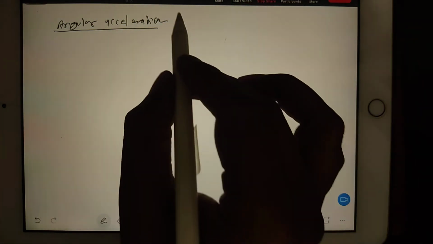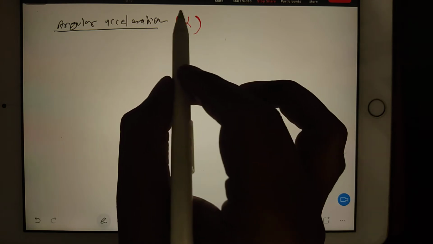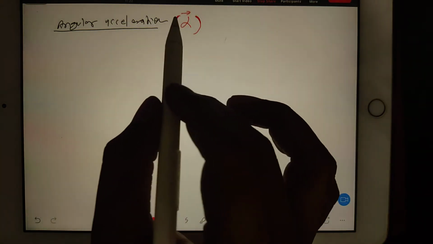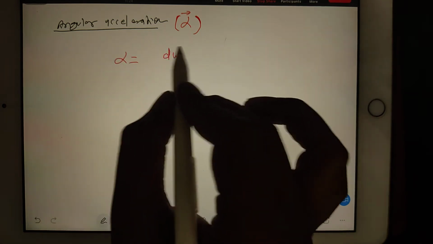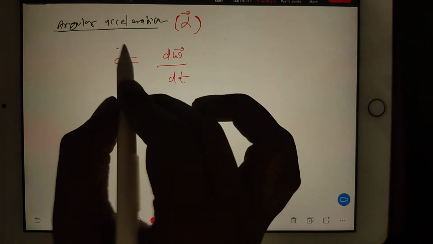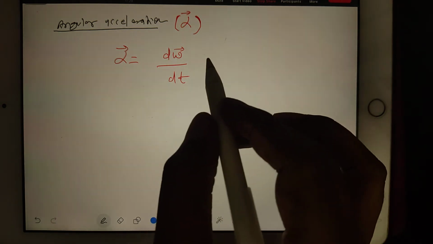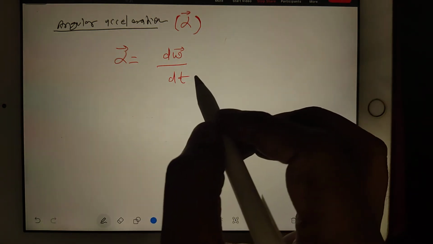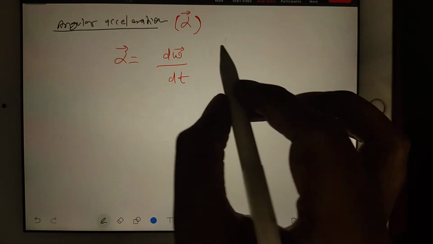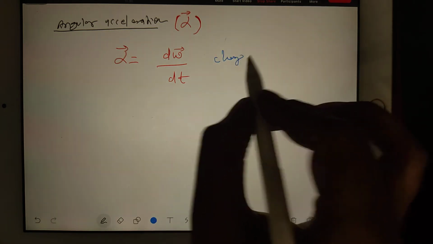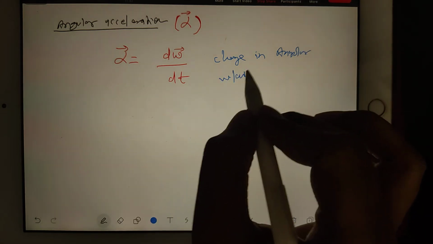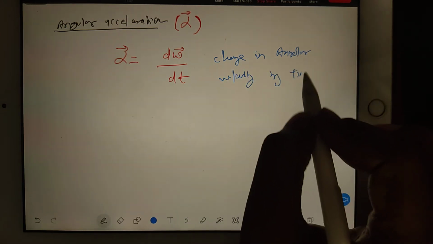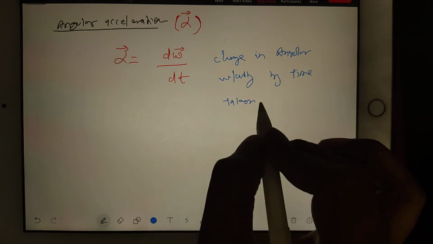You give symbol alpha and definitely put an arrow, and write alpha is equal to d omega by dt. This is a vector quantity, meaning change in angular velocity by time taken. Now let's understand.